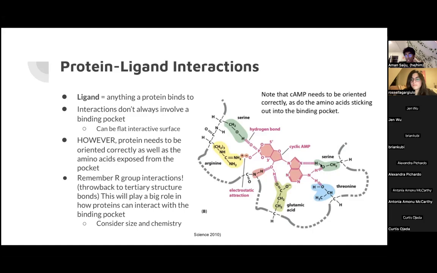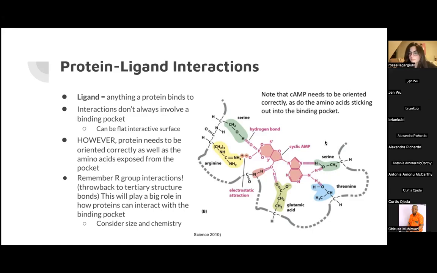So if I swap this serine with something like a phenylalanine, which is a really large, bulky, non-polar structure, you have both a loss of the polar chemistry of the serine, which means that these hydrogen bonds are no longer going to occur, and you have now a really large, bulky amino acid there, which might stick out in the binding pocket and make it so cyclic AMP can't physically fit. That's something called steric hindrance, right? Hindrance due to space constraint.